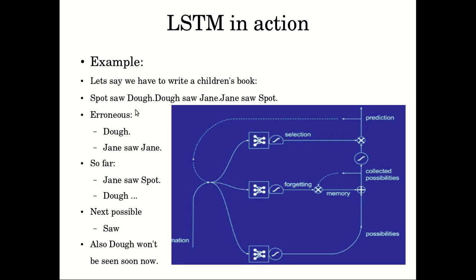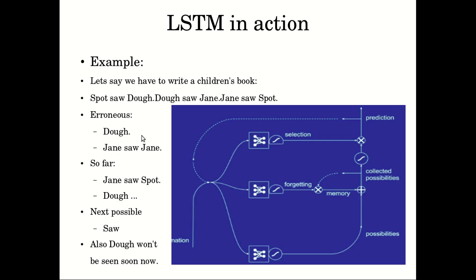All that the RNN knows is that a name should be followed by a period or saw, and saw should be followed by a name. So according to the RNN, sentences like Doug period or James or Jane are all valid. So it would output sentences like this, which is wrong in this context.